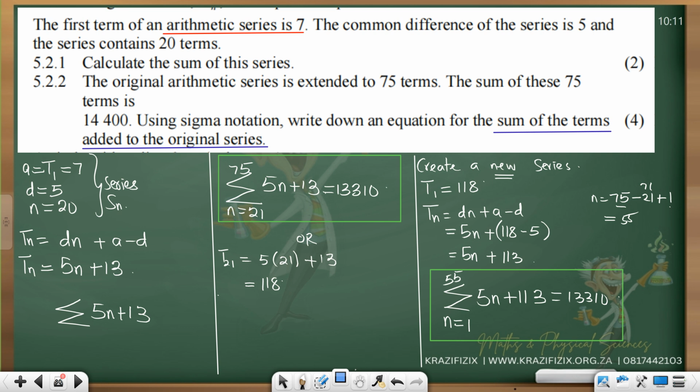So for the first one, I took an existing Tn, but I started from term 21. For the second one, I started a new term completely. Can we evaluate the two and see? Are you ready for me? I want us to quickly evaluate just to show you how those two work. And I want to take your questions if there is any. Is there a difference between the two? Are they the same? Why is my Tn different from each other? I want us to just confirm these two answers.